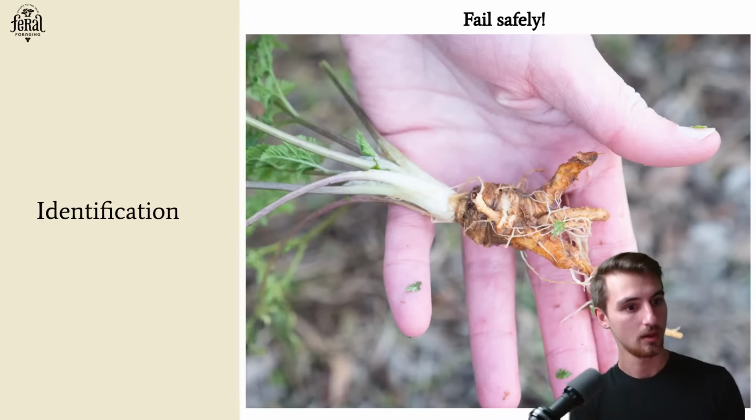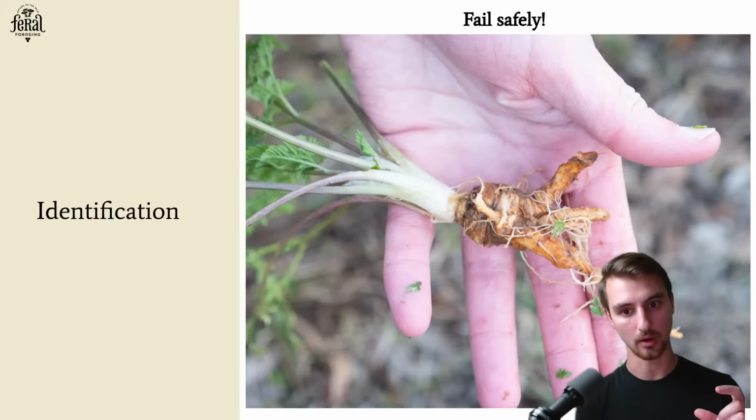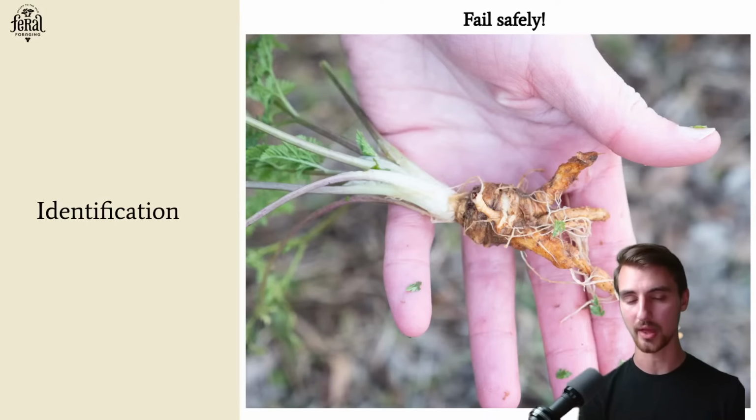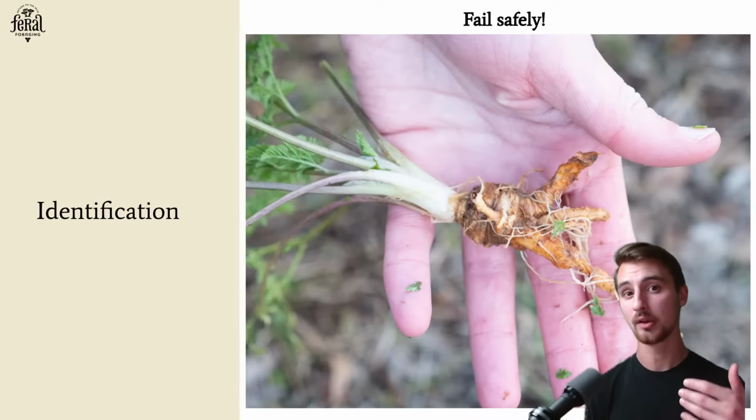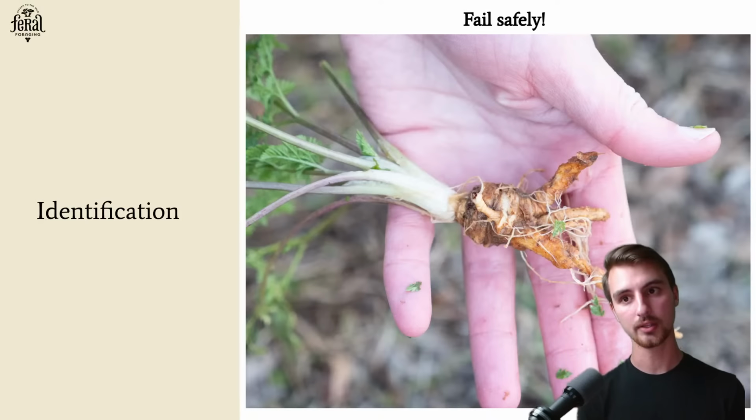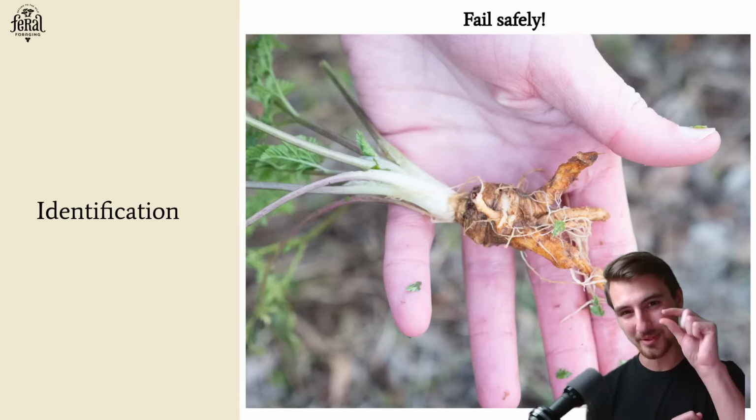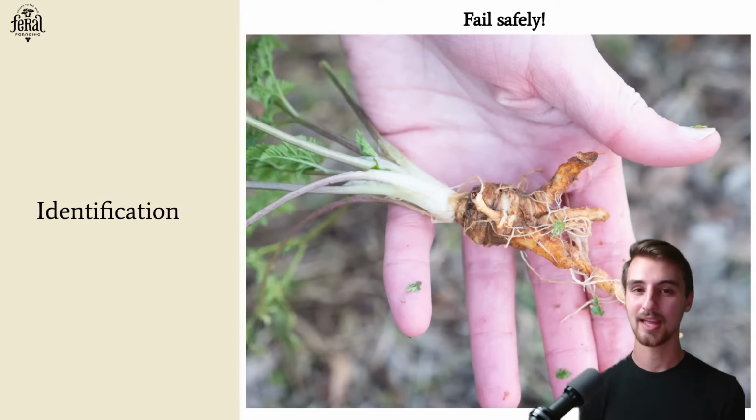So with poison hemlock and wild carrot, one thing you could run into is that wild carrot has stems that are more solid on the inside, and poison hemlock has stems that are hollow. But there's a problem with that, which is why I don't recommend it to everyone starting out. If you cut a piece of a really young poison hemlock stem, it'll be hollow, but the hollowness will be really, really tiny, and you could easily mistake it for a solid stem.